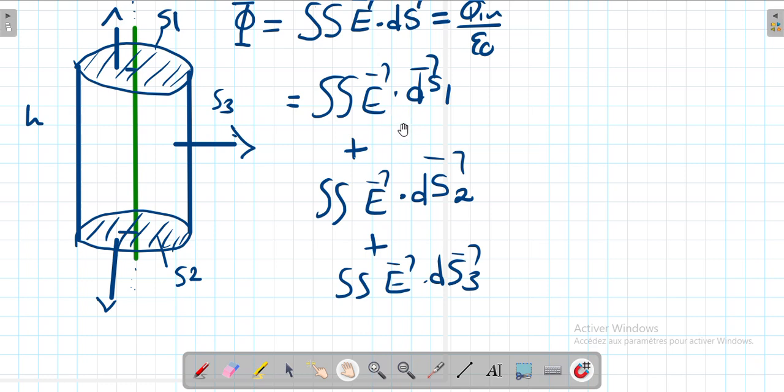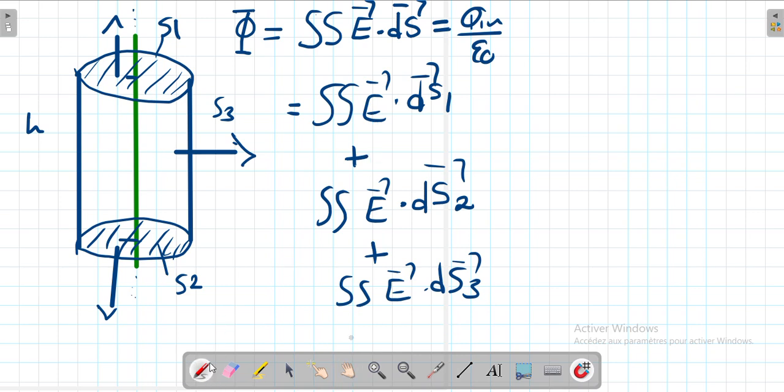The reason why we first had to find the direction of E is that E is in the direction of the radius, and the variable is r. So the direction of the radius can be this direction, this direction, this direction. In short, E will only conform to this direction. If these two directions are not perpendicular, this integral becomes 0. The dot product of two vectors that are not parallel is 0.